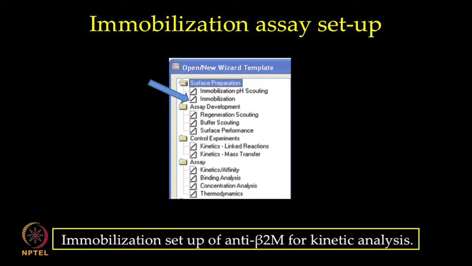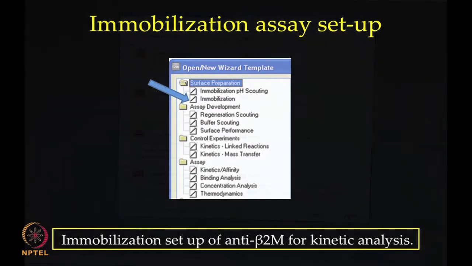We will start with low immobilization protocol set up for anti-beta 2 microglobulin, as a lower immobilization level will be beneficial in this kinetic interaction analysis.